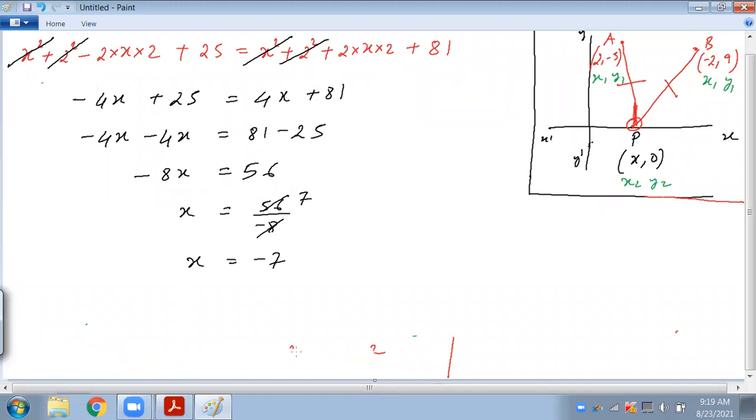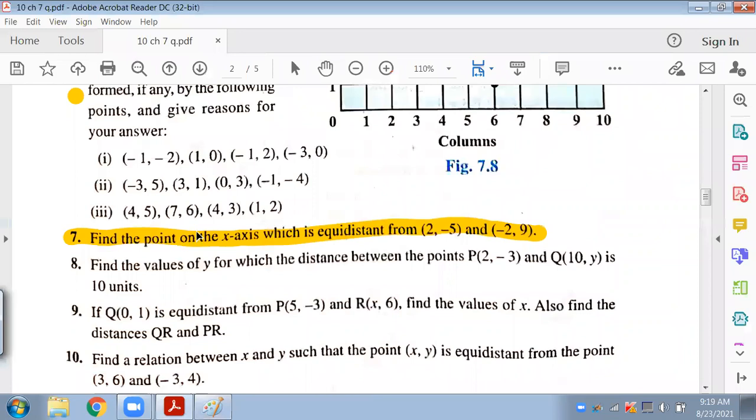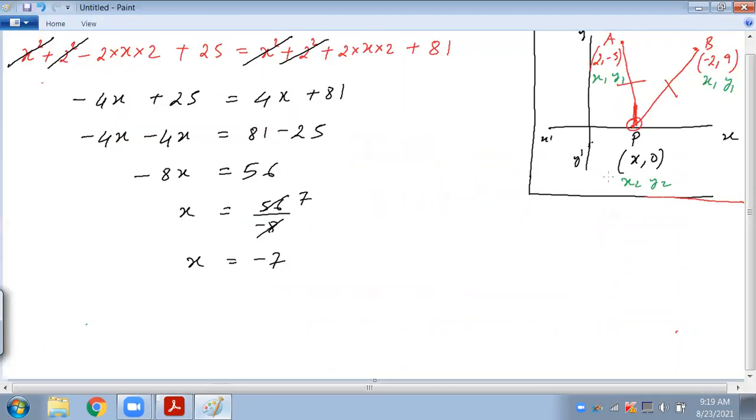Now let's see the question. What do we also find? We also have to find the point on the x-axis, and our point on the x-axis was P, x comma 0, and we got the value of x, so we can write the required point.